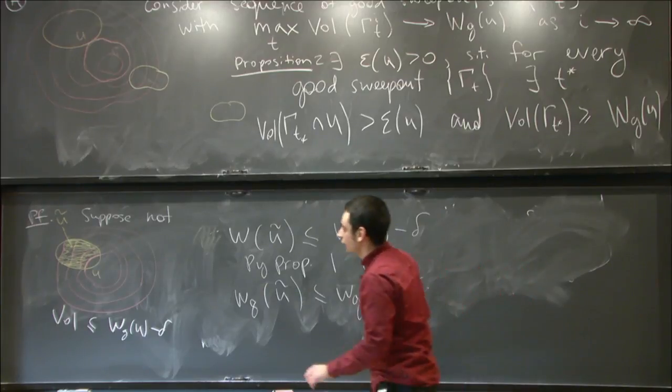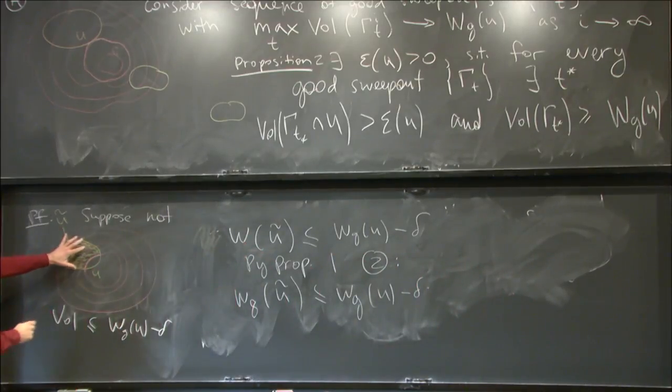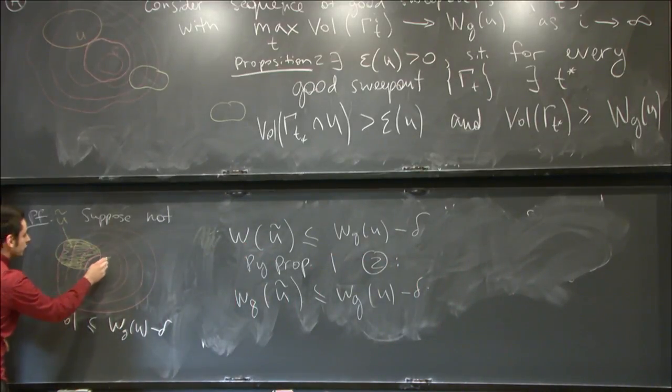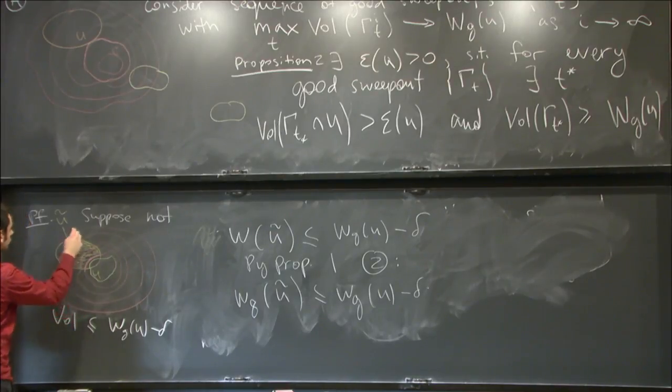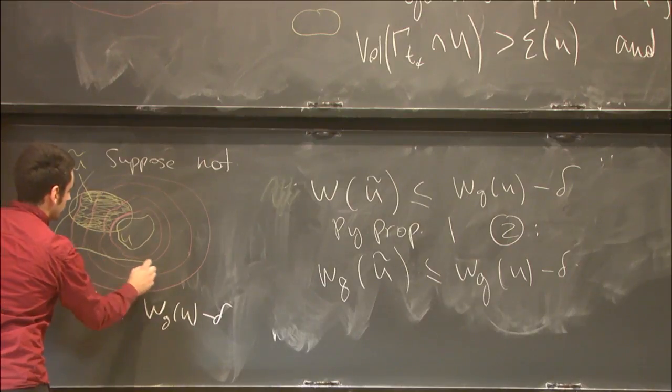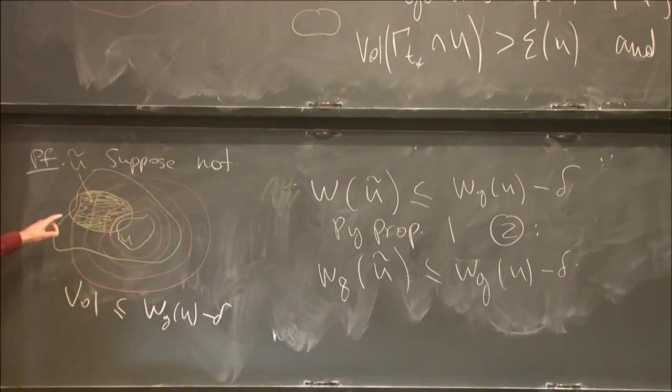That means that there exists also a sweepout of that region whose initial and final hypersurfaces actually have small area.